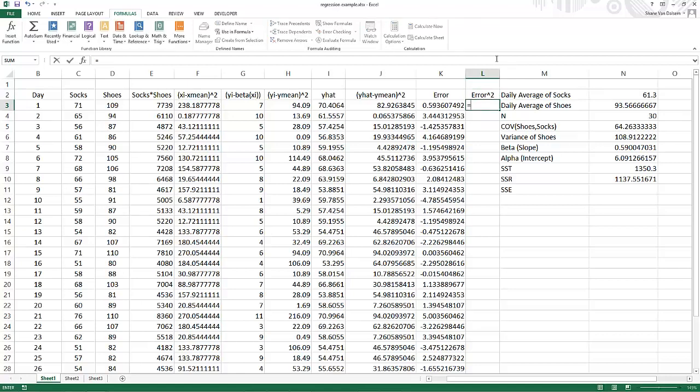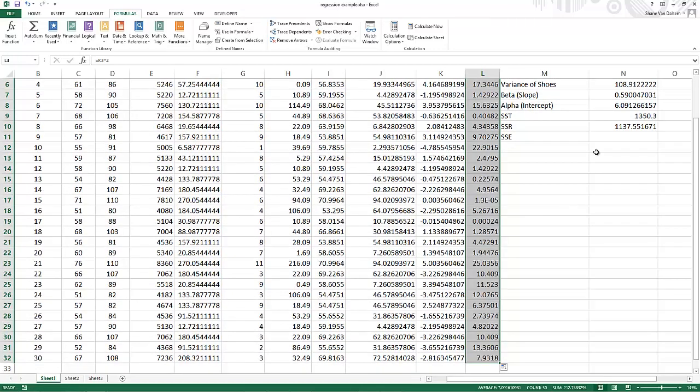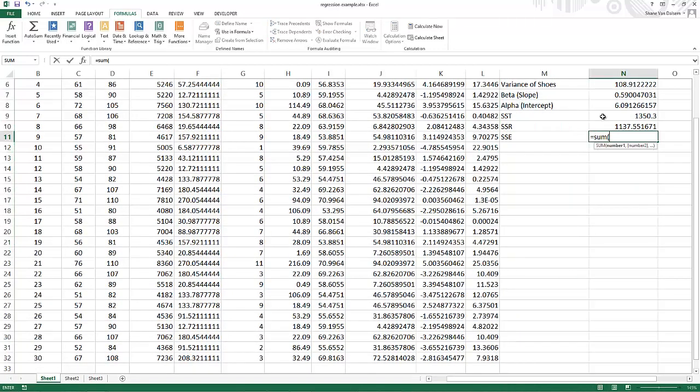So it's going to be equal to K3 in this case, squared. And I'll pull that down all the way. So this is going to be equal to the sum of the squared errors.